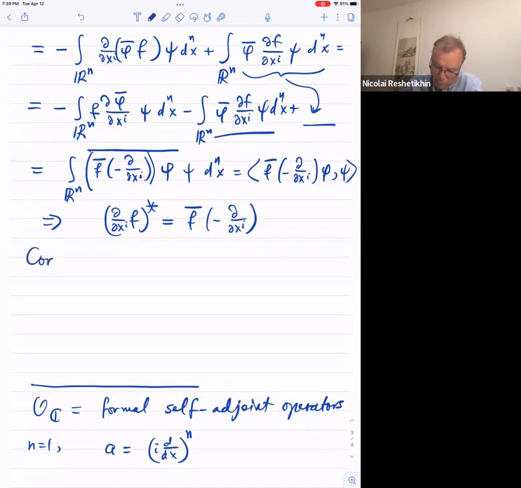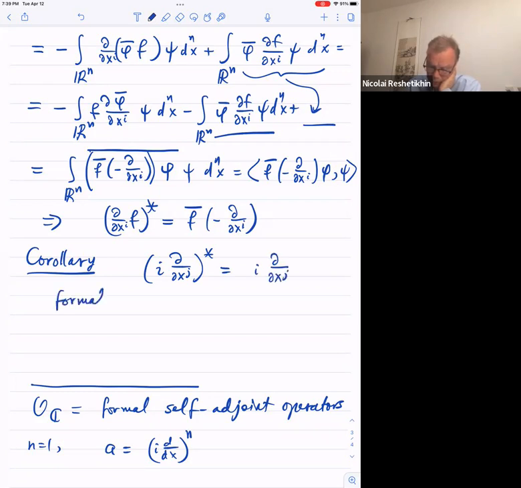So one of the important corollaries is that ddxi is formally anti-self-conjugate. If you want to have self-conjugated differential operators, we have to put i. So this is formally self-conjugate.